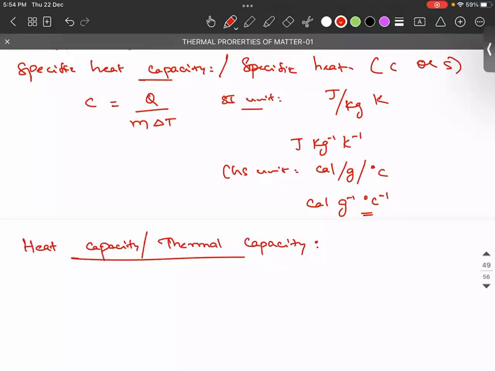It is the amount of heat required to raise the temperature of any mass of a substance through 1 degree Celsius or 1 Kelvin.